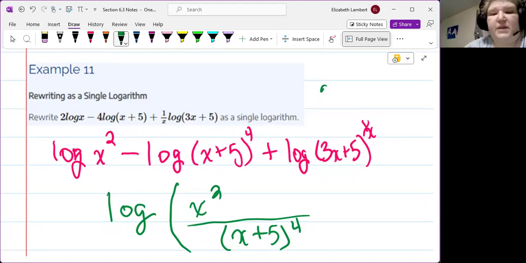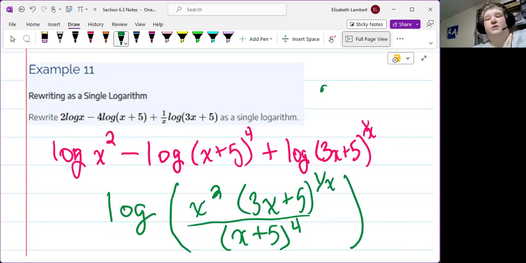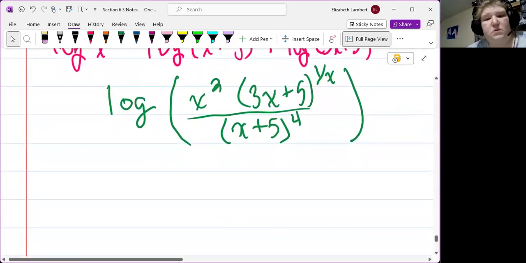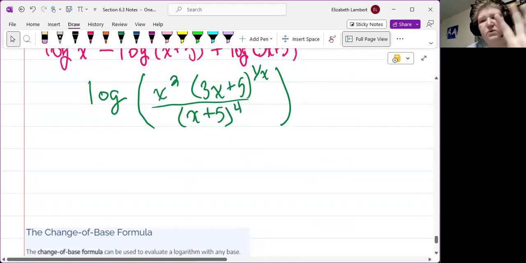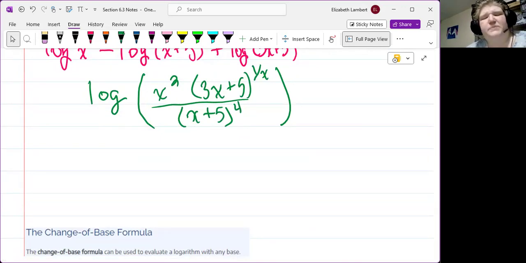And then the 3x plus 5 to the crazy 1 over x power. All is one log, done. What the heck do they want to do with that 1 over x and all that? Like, seriously, we don't do 1 over x's power. It's weird. It's bizarre. Like, let me rephrase. We don't have x in the base and then have x in the power. Unless you're doing some really crazy high-level math.